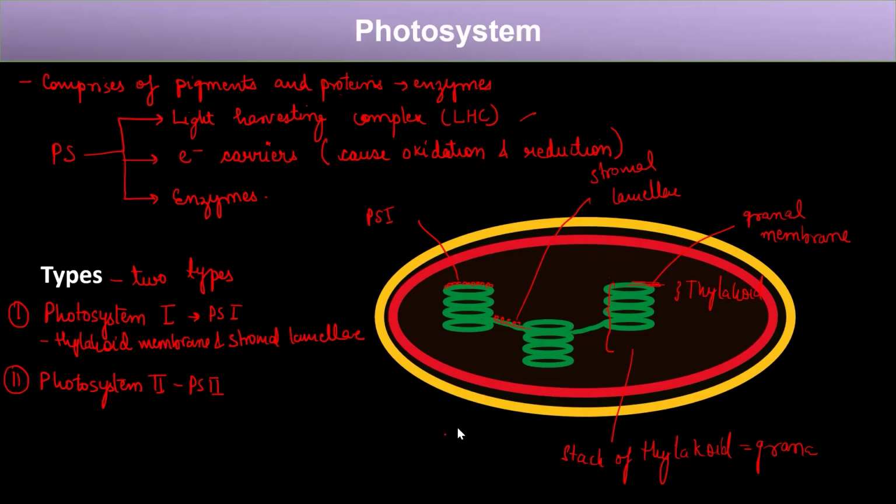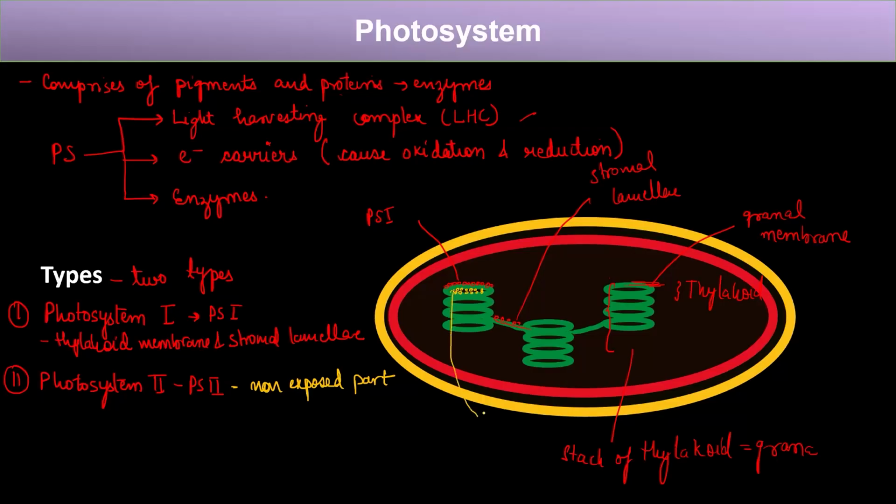Now, where is photosystem 2 present? Photosystem 2 is present in the non-exposed part. If you look at this structure, where is the non-exposed part? Although it is present on the membrane, it is on the non-exposed part, somewhere like here, right? So it is present in the inner thylakoid membrane.